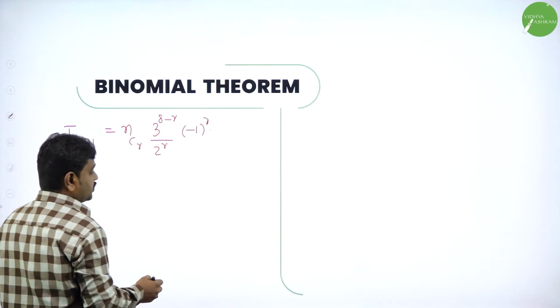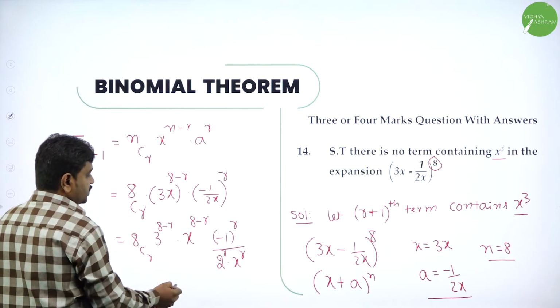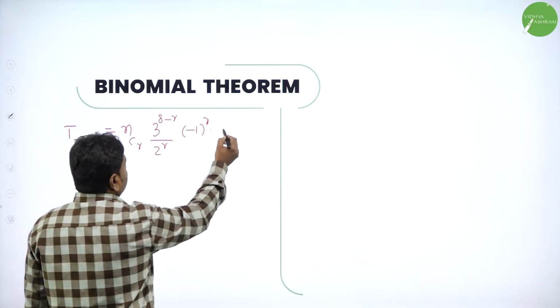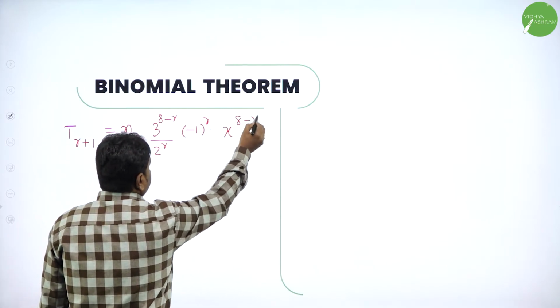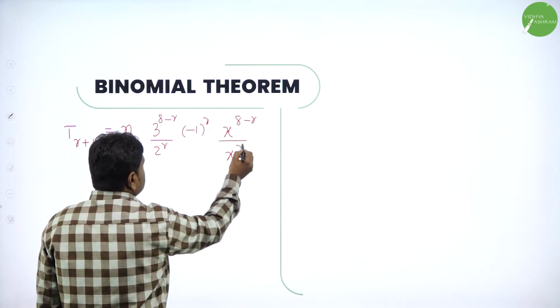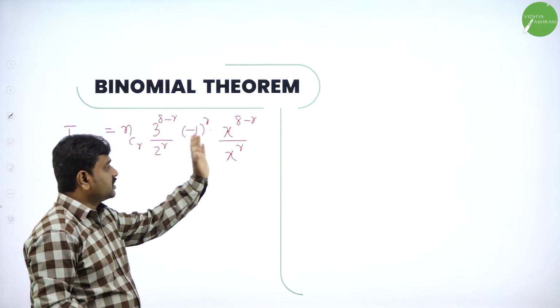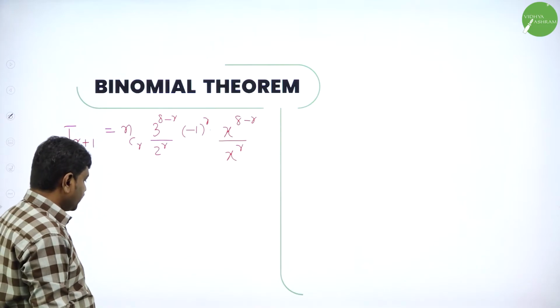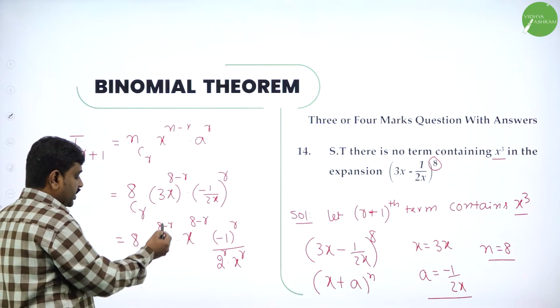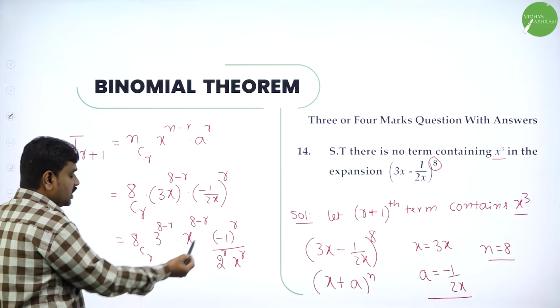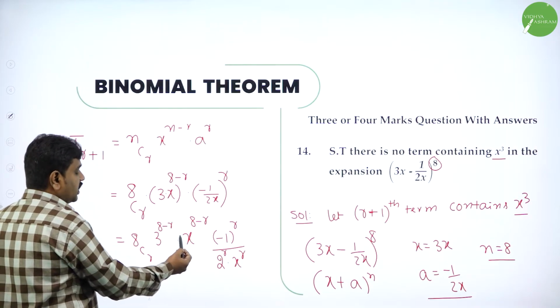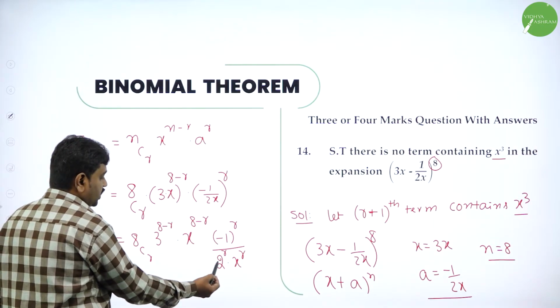And the remaining x terms: x power 8 minus r in the numerator and x power r in the denominator. So keep the x terms at the end. Now what I have done is rearrange 8Cr, 3 power 8 minus r, and this 2 power r on this side, minus 1 power r on this side, and I am grouping x power 8 minus r and x power r.